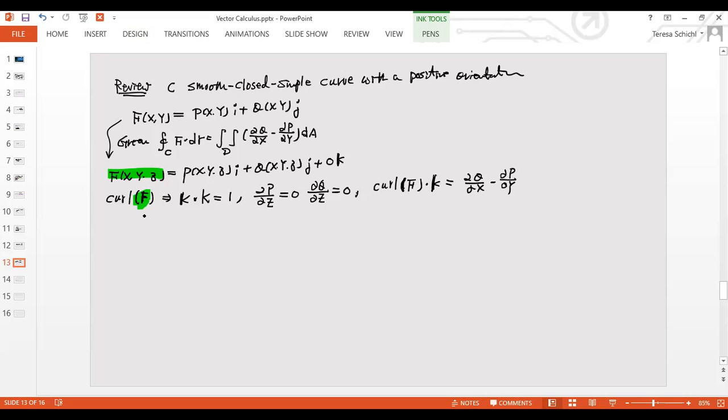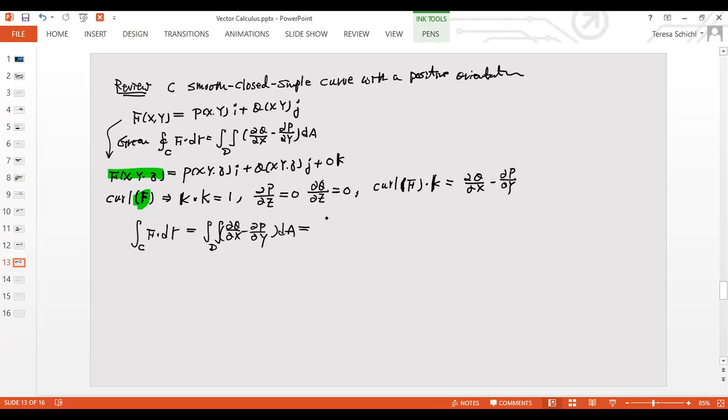So the first form is the line integral of F dot dr, and just like in Green's theorem, it equals the double integral over D of the partial of Q with respect to x minus the partial of P with respect to y, with dA. And the same way here.